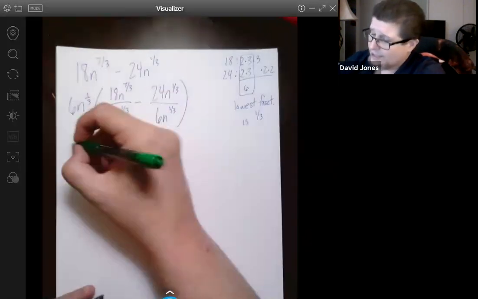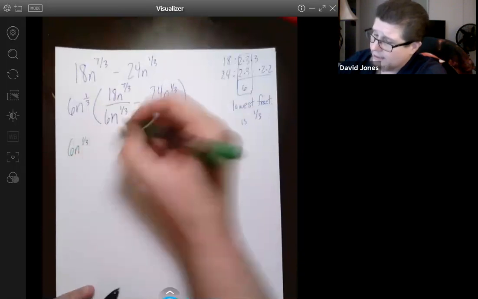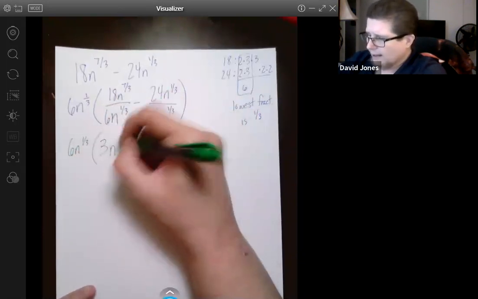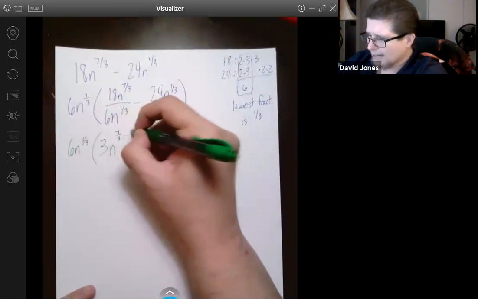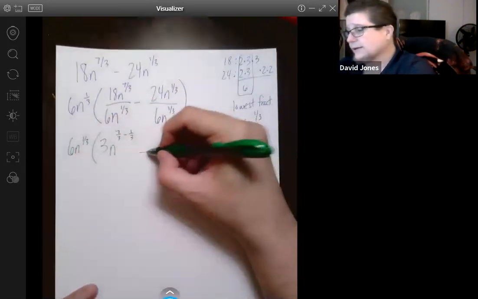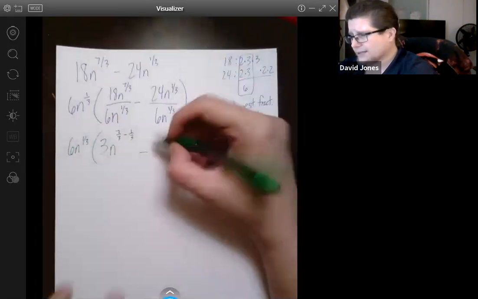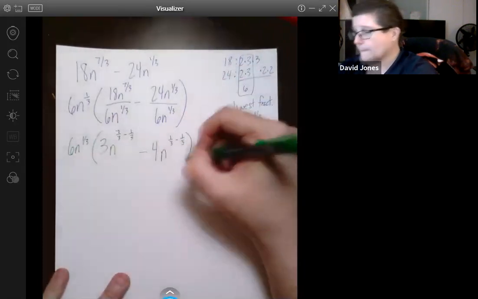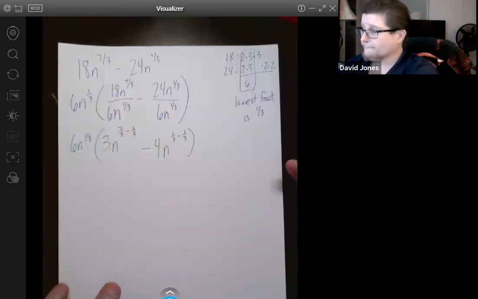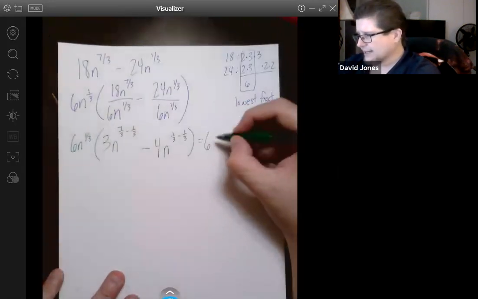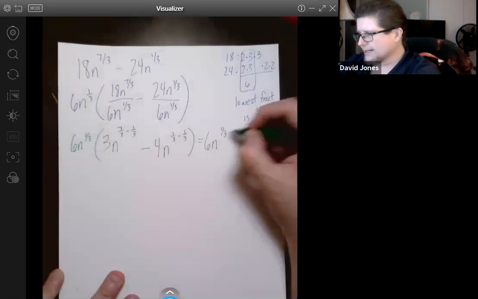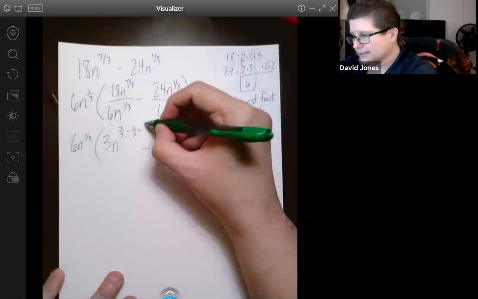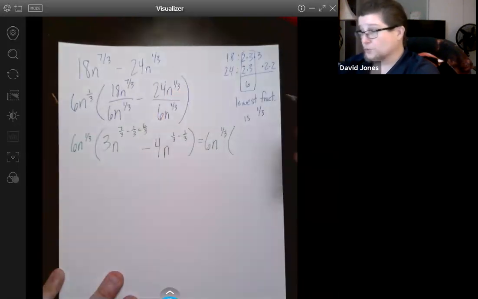I've got 6n to the 1/3 on the outside. 18 divided by 6 is 3. And now I can subtract those exponents right there. 24 divided by 6 is 4, and I can subtract the exponents here. 6n to the 1/3 on the outside. 7/3 minus 1/3 is 6/3, which is 2.